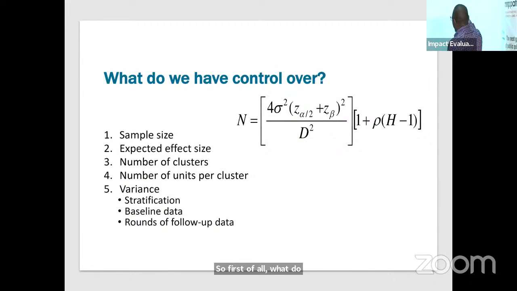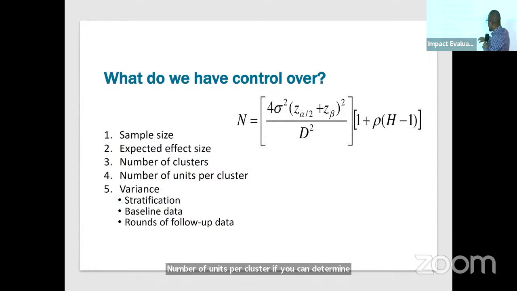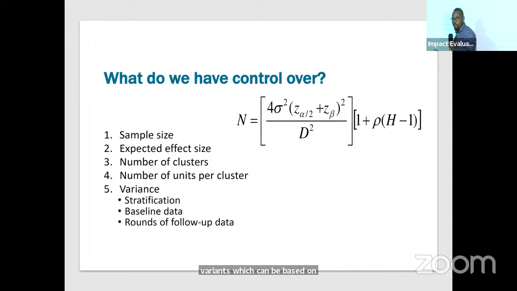What can we control here? Sample size, expected effect size, number of clusters, number of units per cluster, which we can determine there, variance, which can be based on stratification, baseline, rounds of follow-up data. We'll talk about all of this.